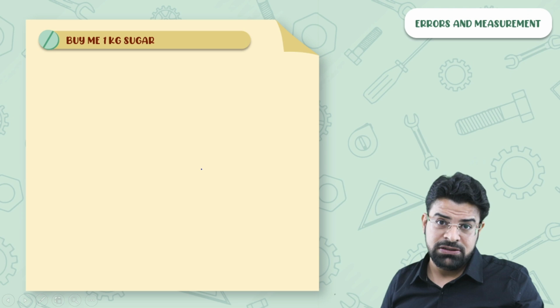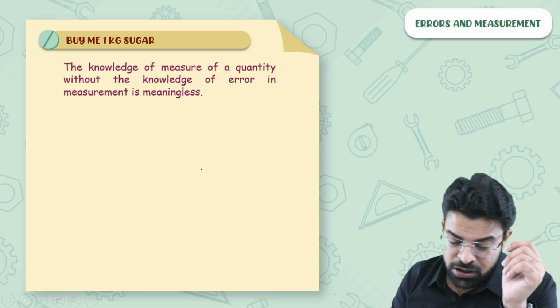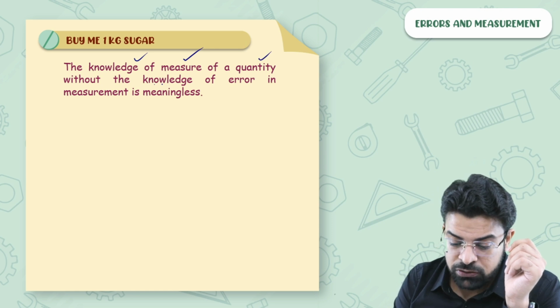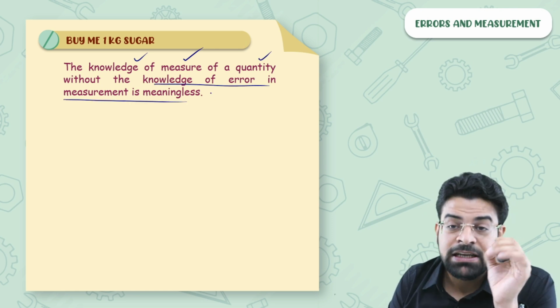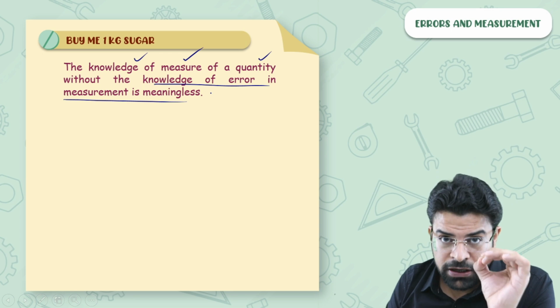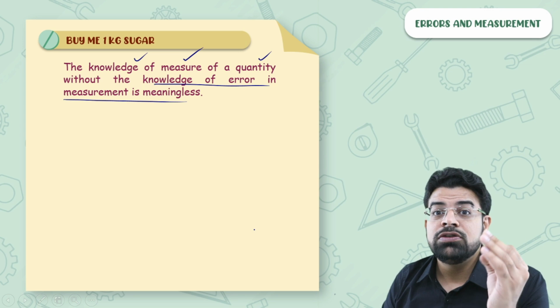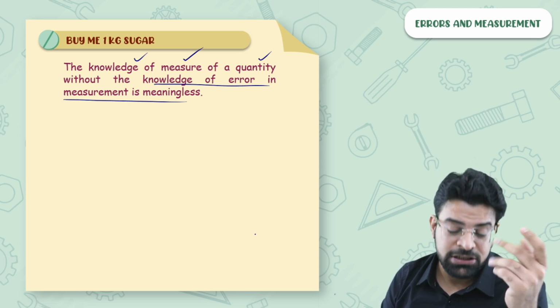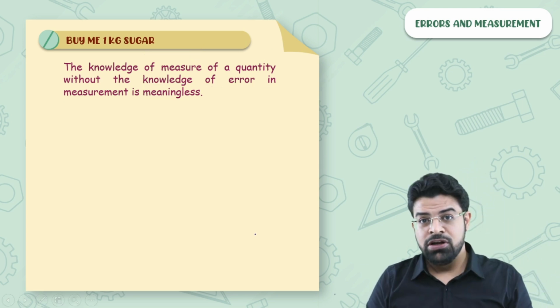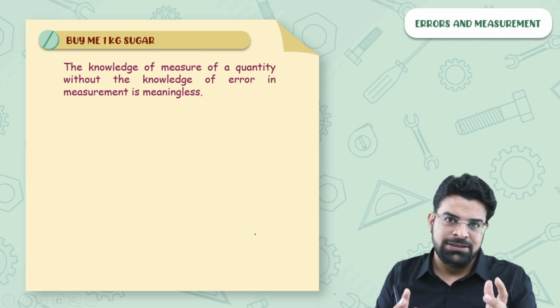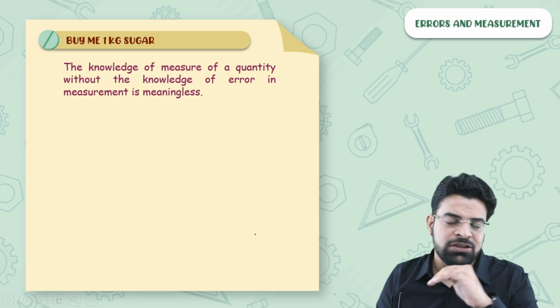A famous statement by Sir Walter Lewin: the knowledge of a measurement of a quantity without the knowledge of error in the measurement is meaningless. So you have measured something, but you don't know what the scope of error in this measurement can be, then your measurement is of no use.